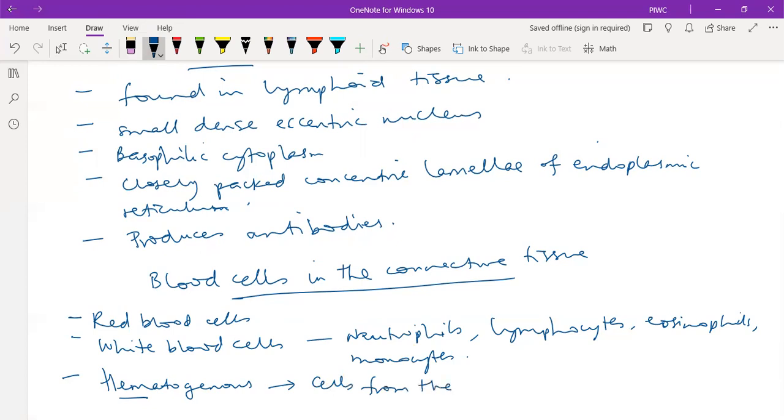From the bloodstream to the connective tissue.